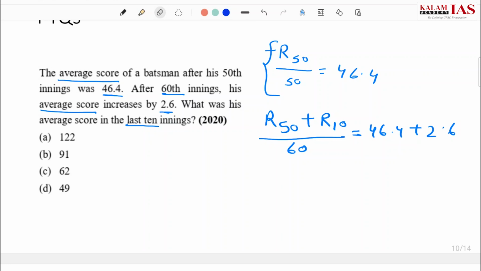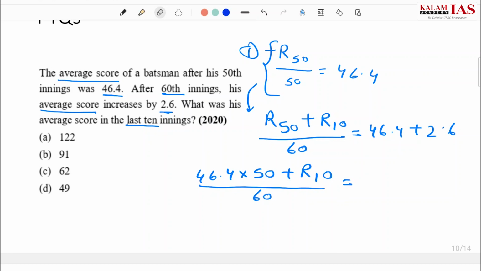Now let's substitute the value of R50 from this equation into this equation. We get the value 46.4 into 50 plus R10 divided by 60 is equals to 46.4 plus 2.6, that is 49. Solving R10, we get 49 into 60 minus 46.4 into 50.